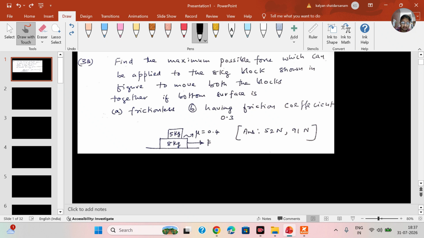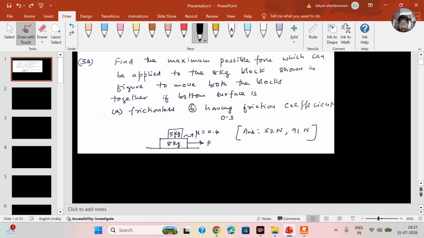If you apply very small force, probably they'll move together. But as you start increasing this force, there comes a stage where you are pulling the 8 kg with huge force, and it might separately move, and the 5 kg may not move along with it.